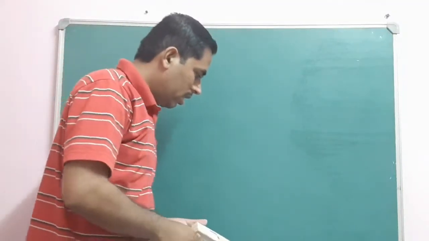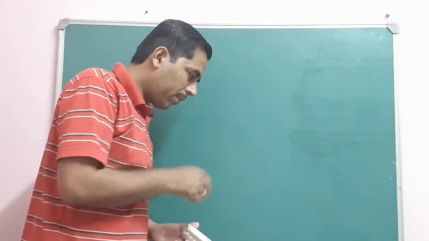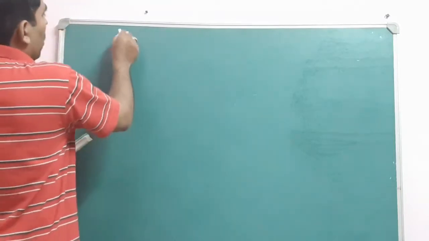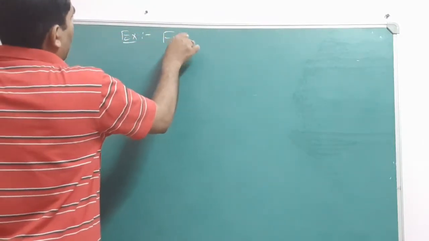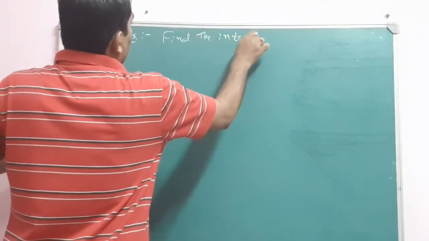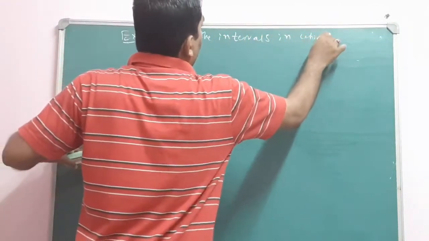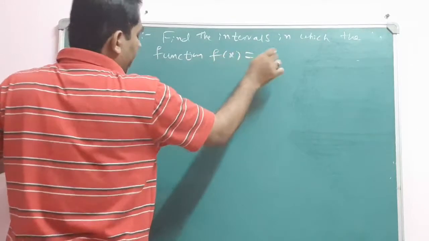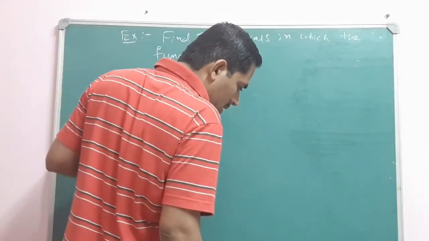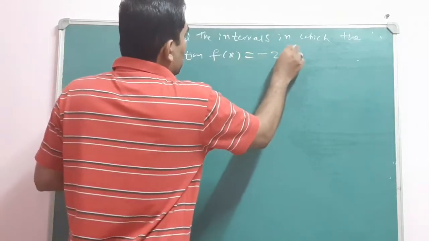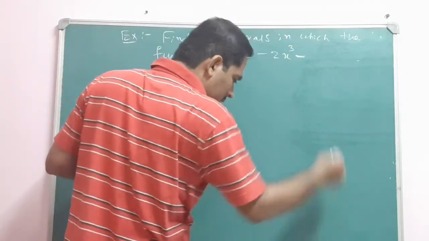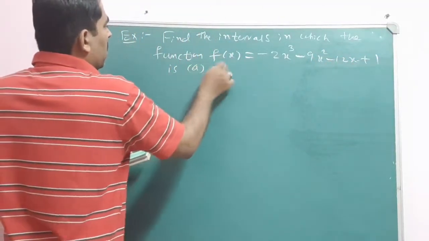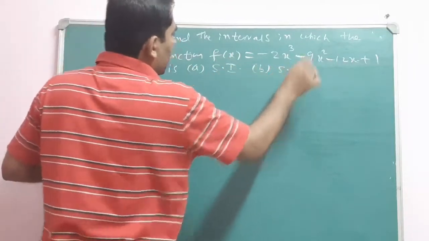Then let me take up another example. Find the intervals in which the function f of x, that is minus 2x cube minus 9x square minus 12x plus 1, is strictly increasing and strictly decreasing.